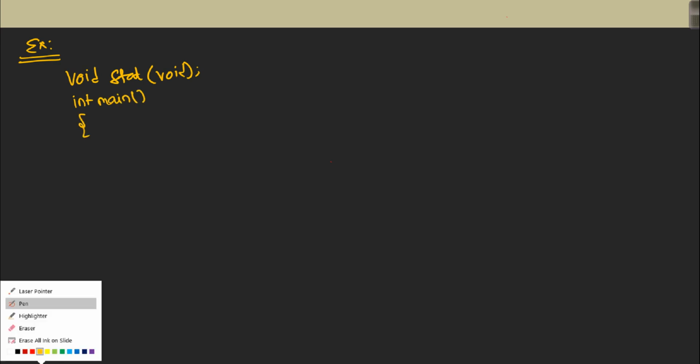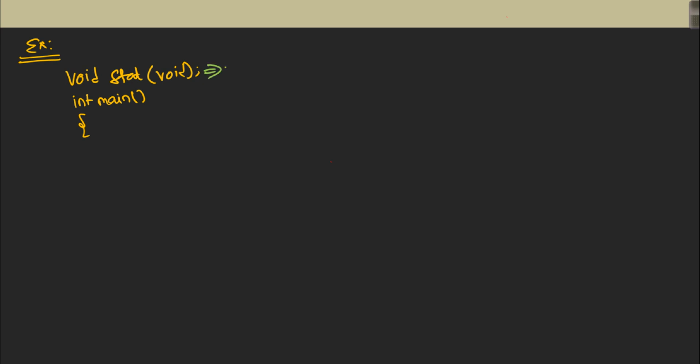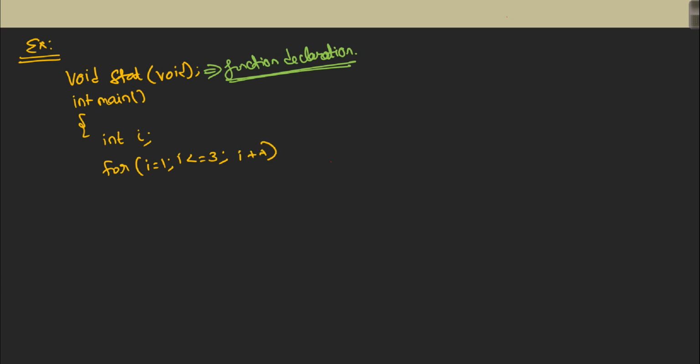The moment you see this line, you will understand this is nothing but function declaration, right? int main, and then you are declaring a variable int i. for i is equal to 1, i less than or equal to 3, i plus plus. Inside that you are calling one function called stat. So this is nothing but function call, and then you are having return 0, you are closing.